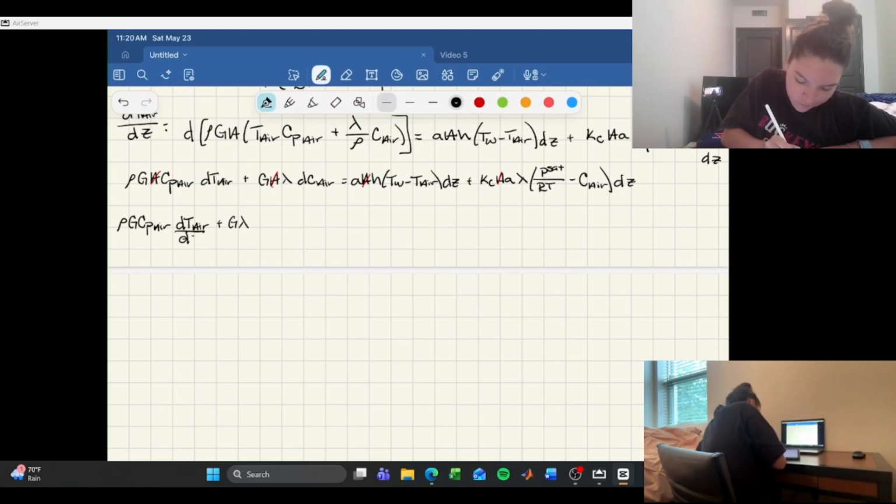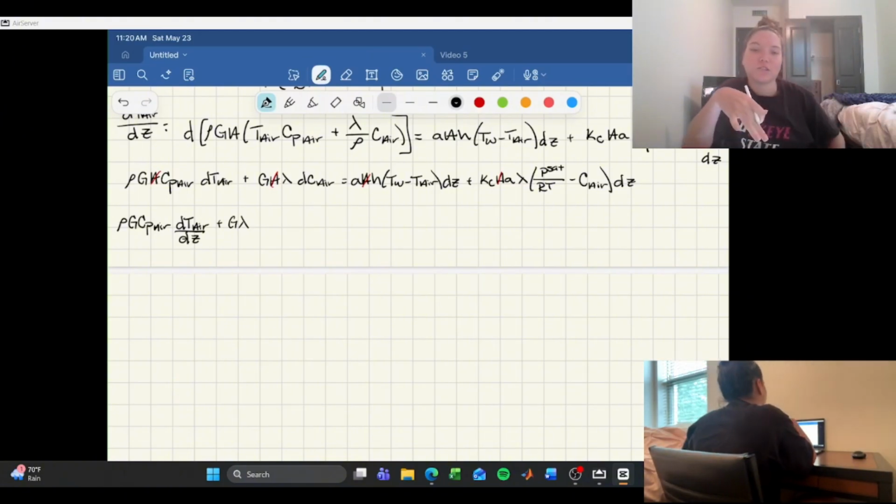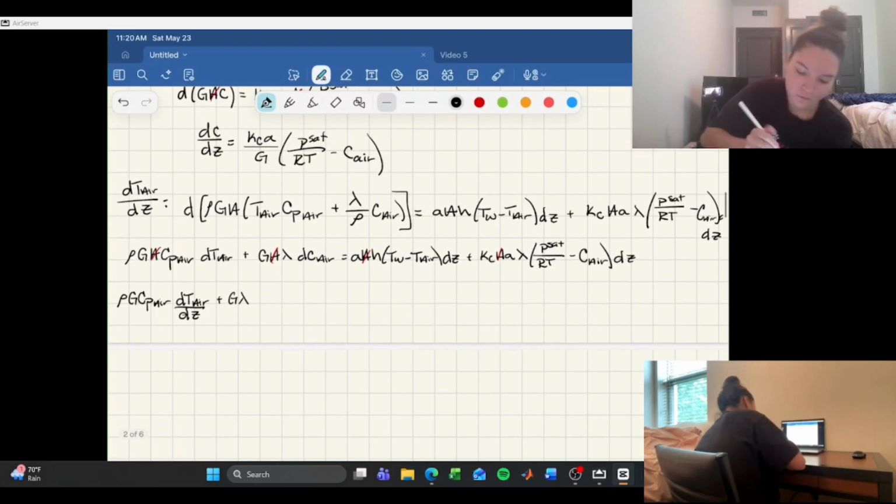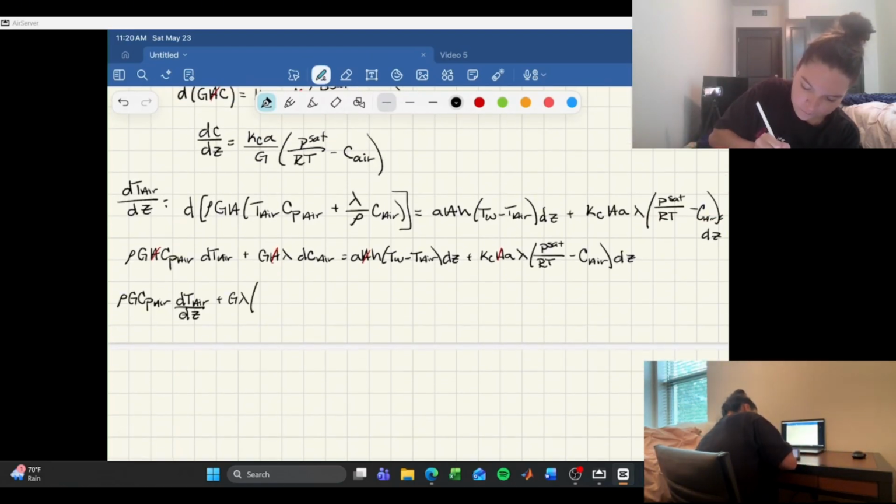This would be dz. That way when this dc, change in concentration of air with respect to position, we already solved that up here. So this is going to be times the mass transfer coefficient times the packing over the volumetric flow rate of air times the saturated pressure over the gas constant times temperature minus the concentration of air.